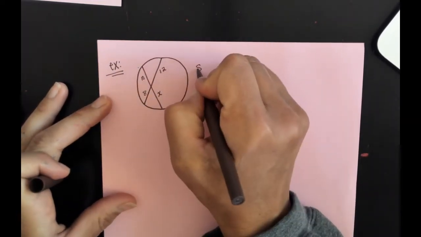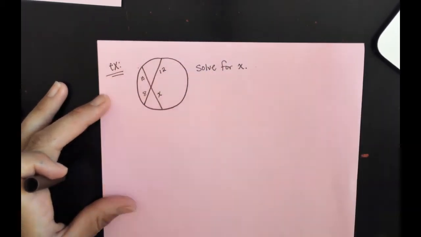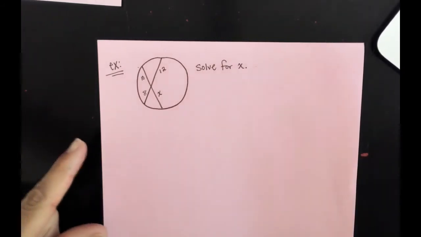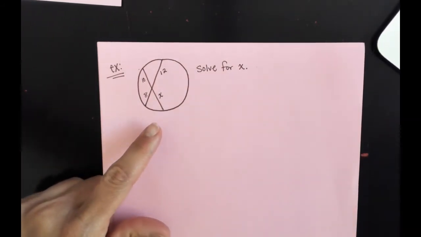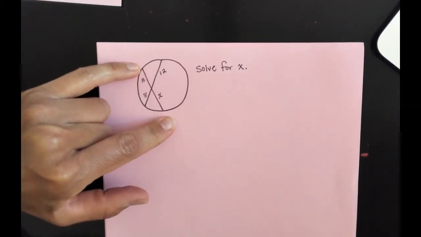So we're going to solve for x. And again, what we're looking at is the fact that we do have the endpoints on the circle. Both segments are inside the circle.